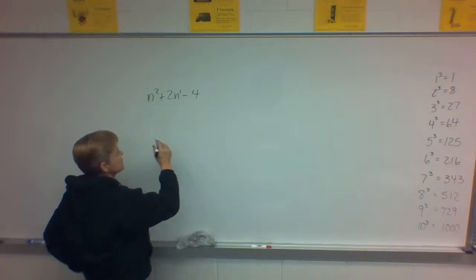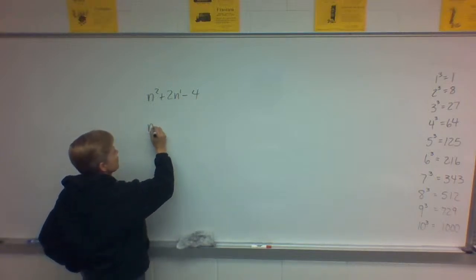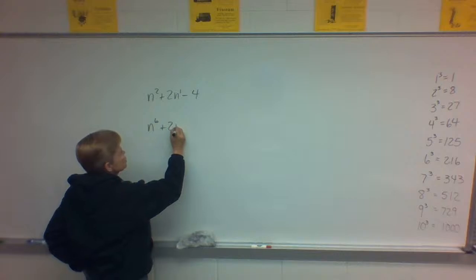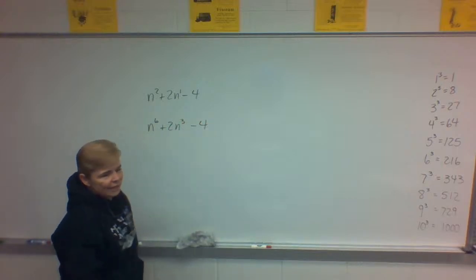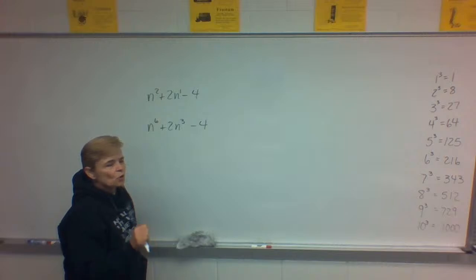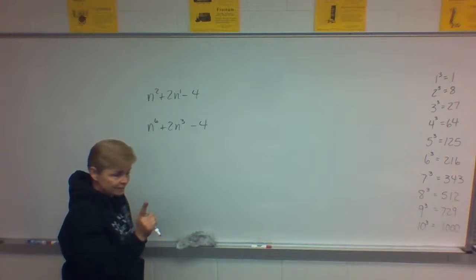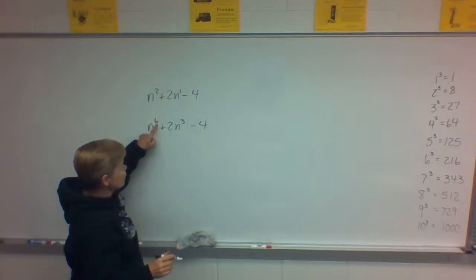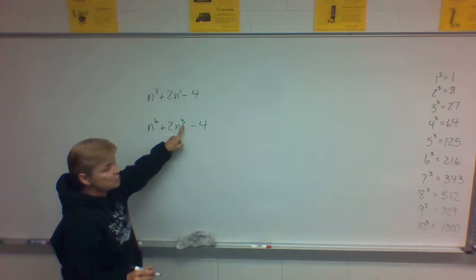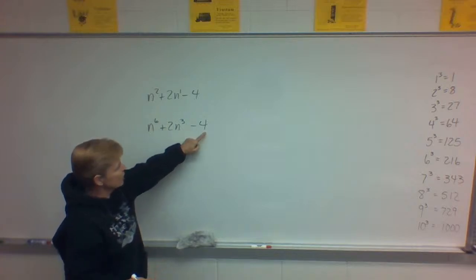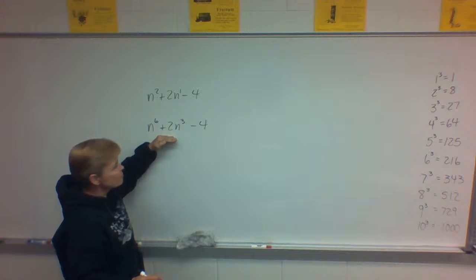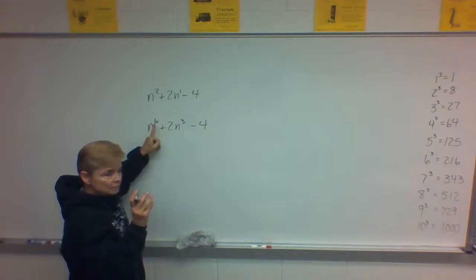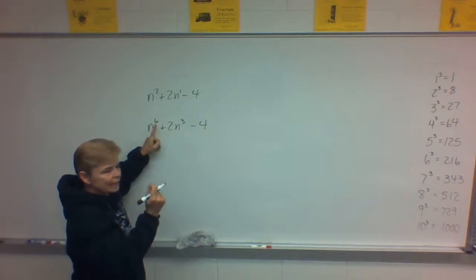What I'm telling you is that this right here, n to the 6th plus 2n to the 3rd minus 4, is not quadratic. But it is quadratic-ish because the highest power cut in half is the next power, followed by a constant, and it has 3 terms. This is not quadratic. But because of this pattern in it, it's quadratic-ish.